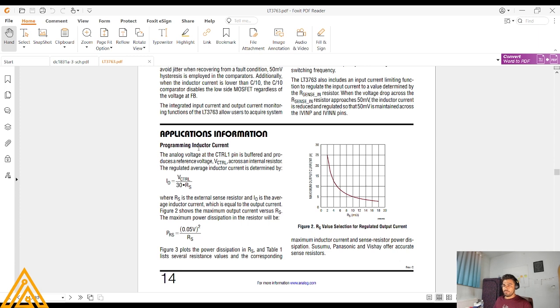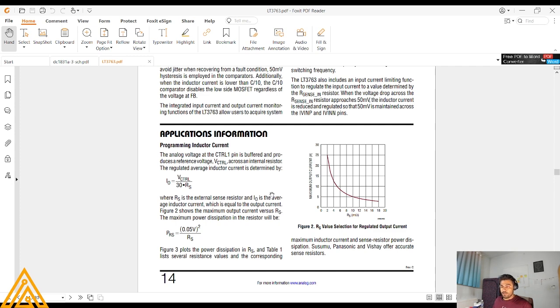As you can see, one of the things that we really want is how to program our inductor current. Whenever you want to program your inductor current, you have to choose. It depends on the voltage and the V control and the series resistor at the output. So based on those things, you can program what kind of current that you want.